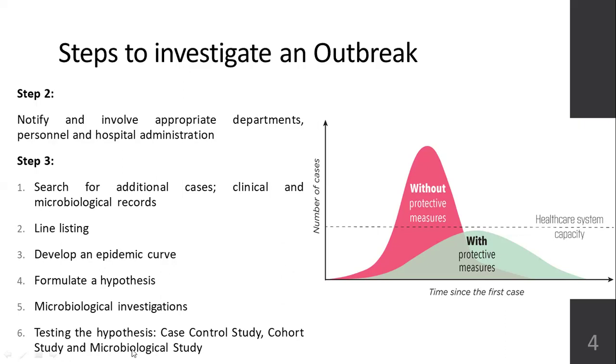That is a cohort study. Then microbiological study, from the name itself, you collect samples, you analyze the sample, you record the results, and you come to a conclusion. So that is a microbiological study. These studies will either prove your assumption, or deny your assumption.